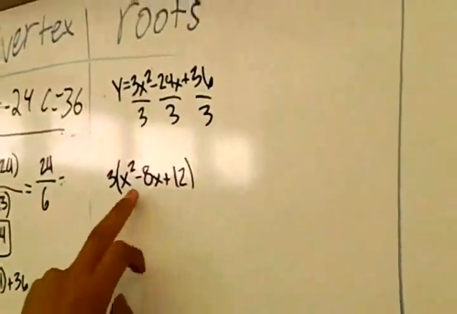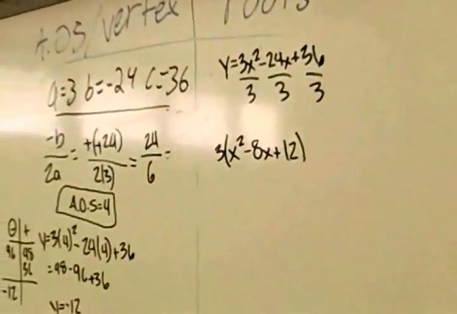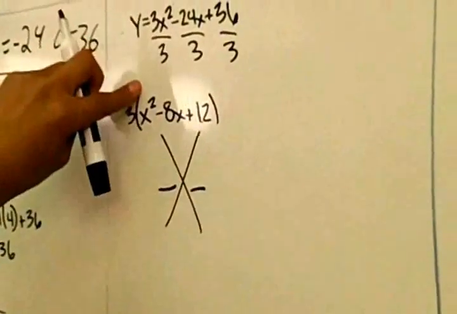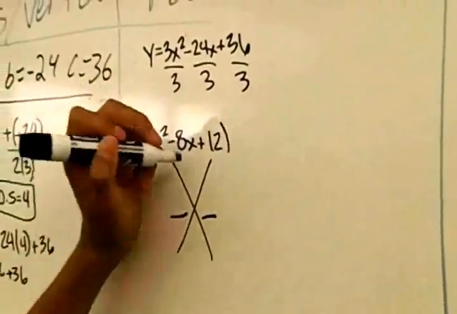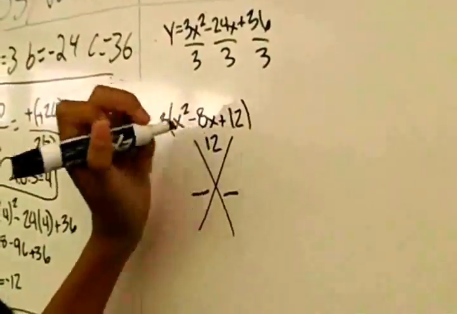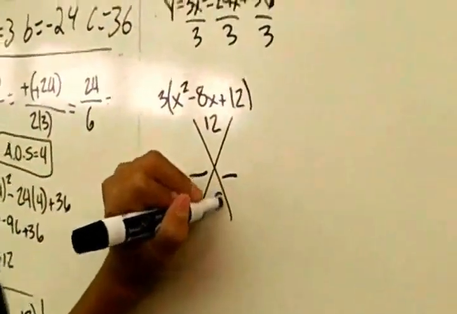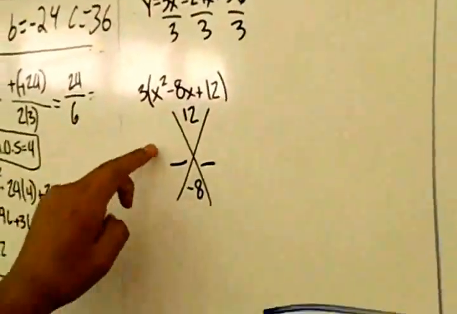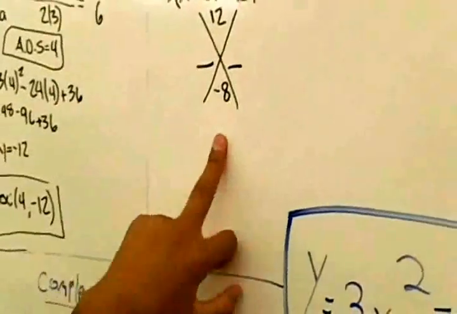So right here, you do an x factor. a times c is positive 12. b is negative 8. So now we got to think what times what is 12, but adds up to negative 8.